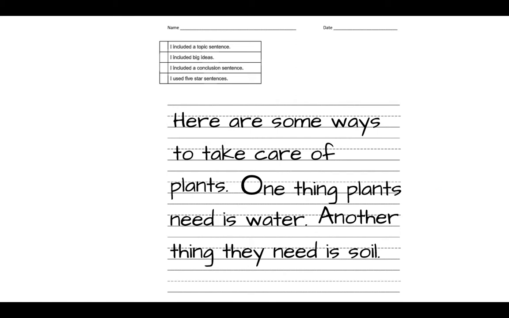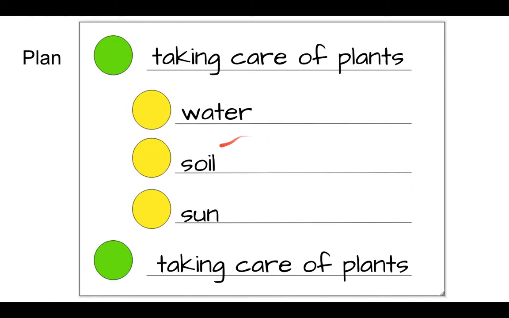Once I've written my second big idea sentence, I'm ready for the next thing. As I look on my planner, my next thing is my third big idea sentence, which is sun, or getting sunlight. So I need to think of how I can make sun into a sentence. I can't just write sun. As I write my big idea sentences, it does have to be a full sentence.